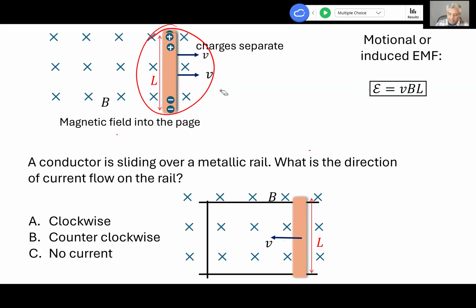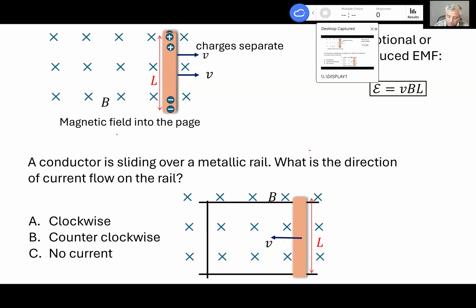So free up your right hand and you start pointing your fingers in the direction of V and crawl your fingers in the direction of B, and a stretched thumb gives you force on positive charges, right? And that's going to act like a positive terminal of a battery. Then how the current going to flow? So that's what this question is. So you have now a minute to answer this question.